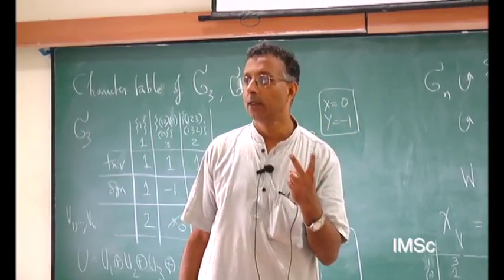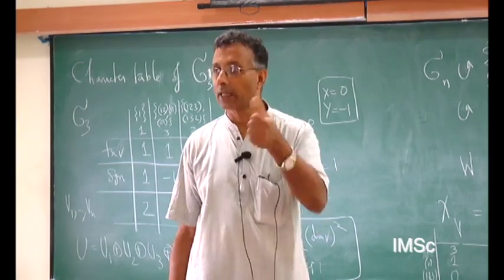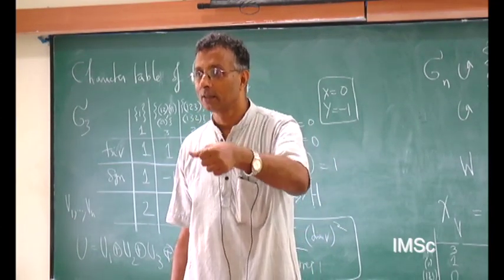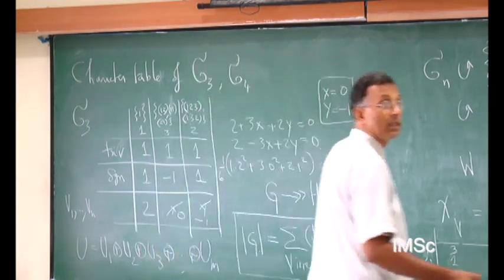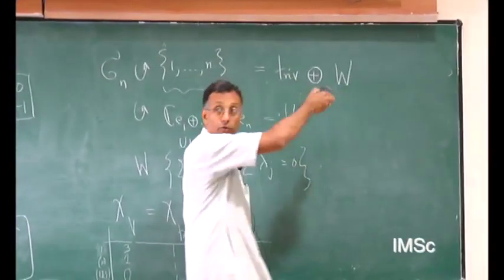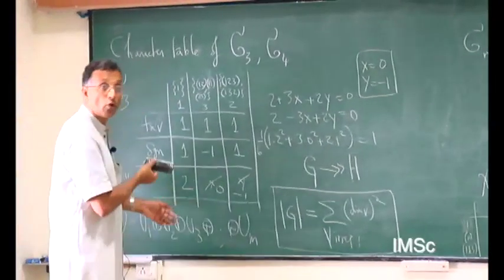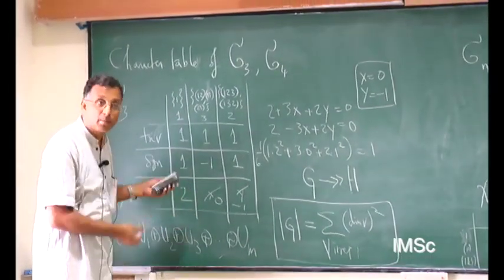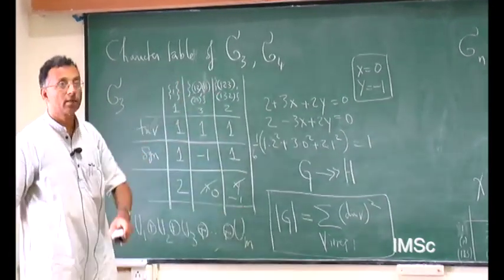Characters determine representations. Right? It is like a fingerprint. So you have shown that this must indeed be irreducible because you computed its character and it was equal to 2, 0, minus 1, which you know must be the character of some irreducible representation of dimension 2. Therefore, it is that irreducible representation.